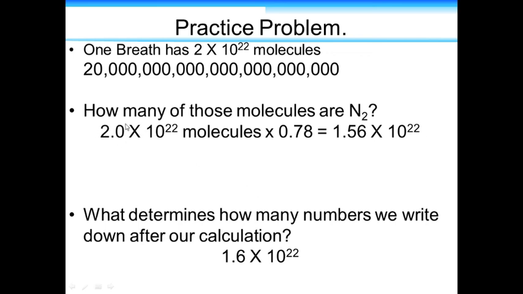If they only give you 2 digits in the data, or you only know the percentage to 2 digits, when you're doing multiplication and division, you pretty much want to keep it to 2 digits, just roughly. We're not going to go into any more detail than that, but if you're curious, you can go on YouTube and search for significant figures, and you'll get more information.